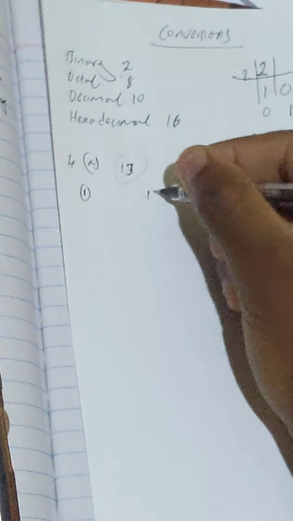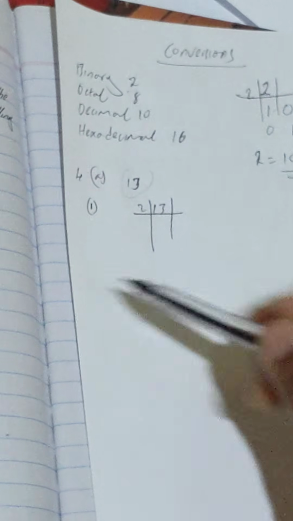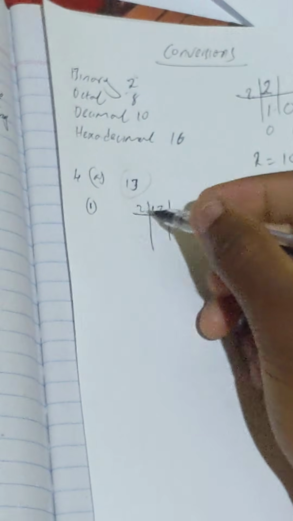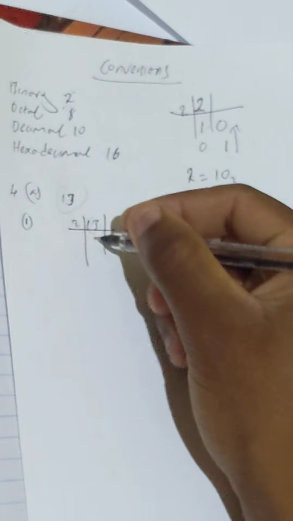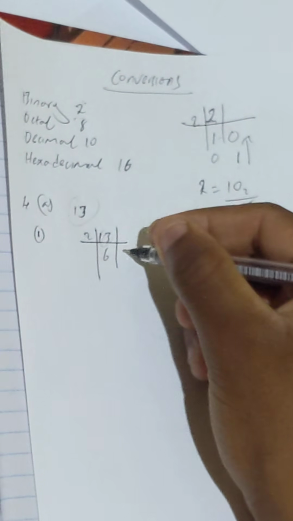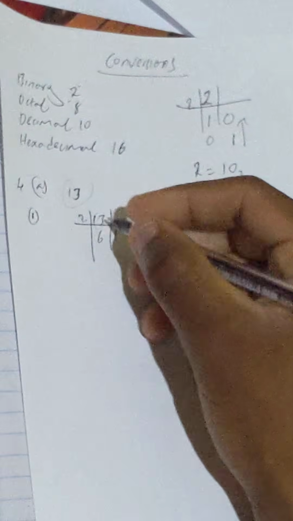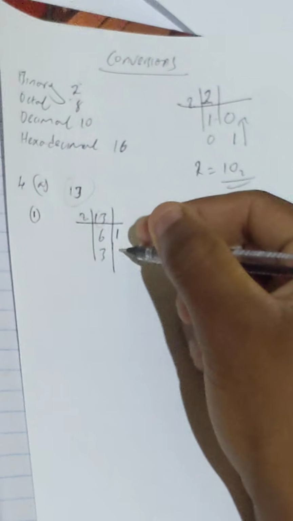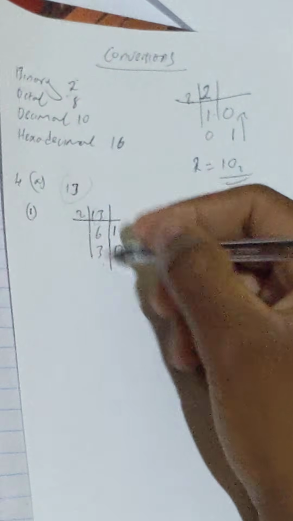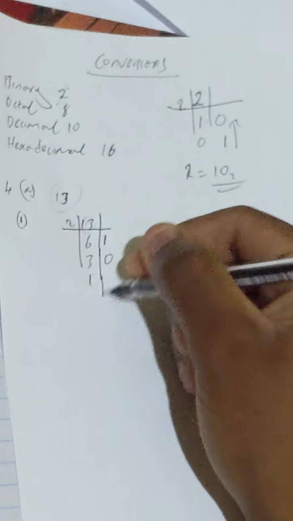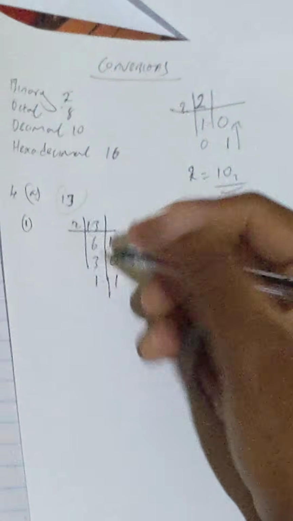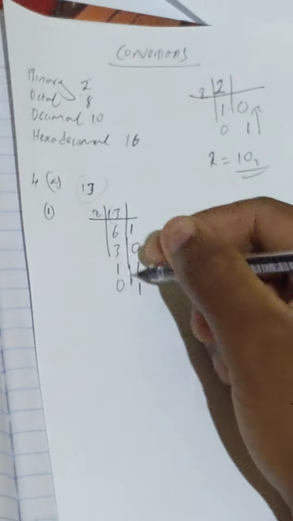in? We're going to start with binary. So what is 13 in binary? How do you convert that? Since binary is base 2, you're going to divide everything by 2. So you have 13. 2 into 13 is 6, remainder 1. 2 into 6 is 3, remainder 0. 2 into 3 is 1, remainder 1. 2 into 1 is 0, remainder 1.